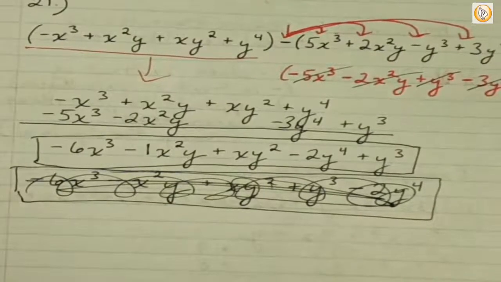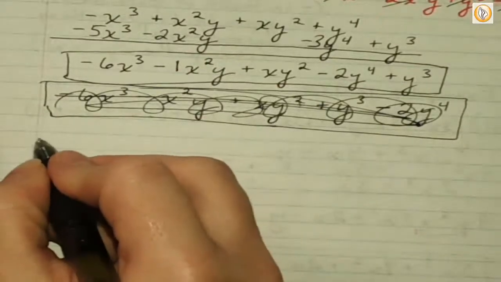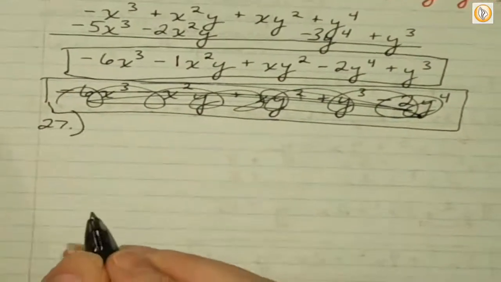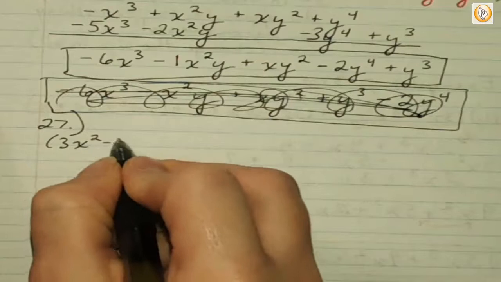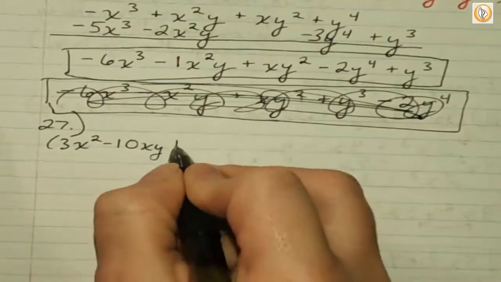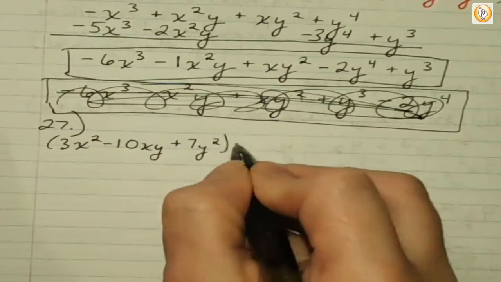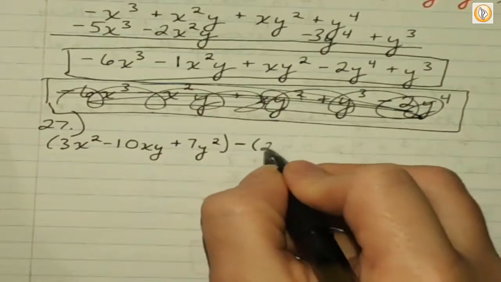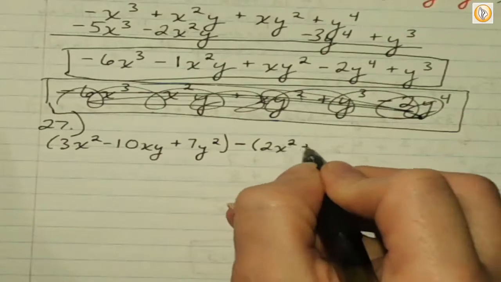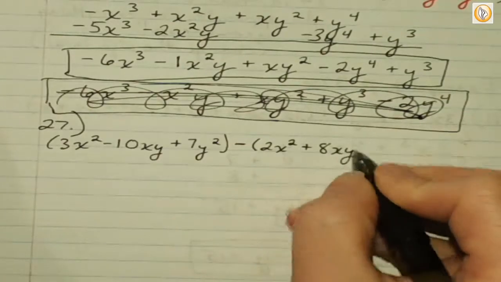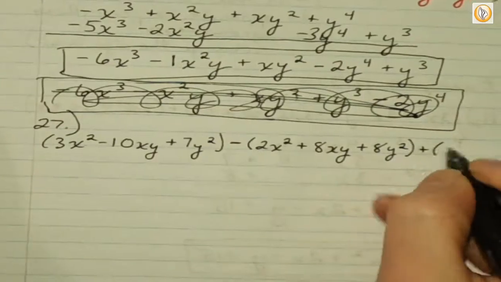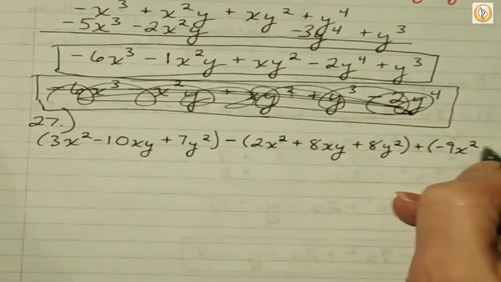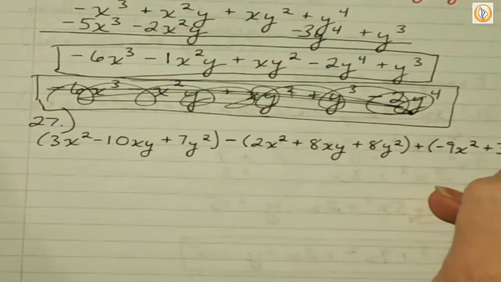We're going to do one more example, if I have room. Number 27. I have 3x squared minus 10xy plus 7y squared minus 2x squared plus 8xy plus 8y squared plus negative 9x squared plus 3y squared.